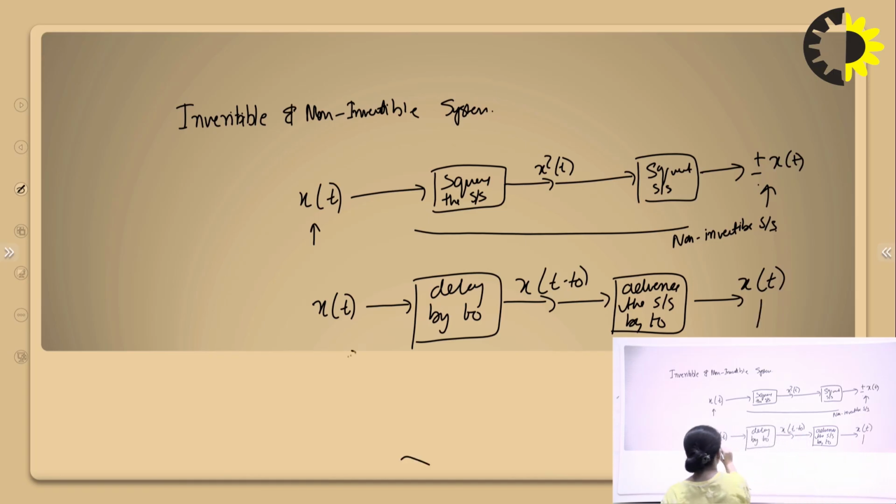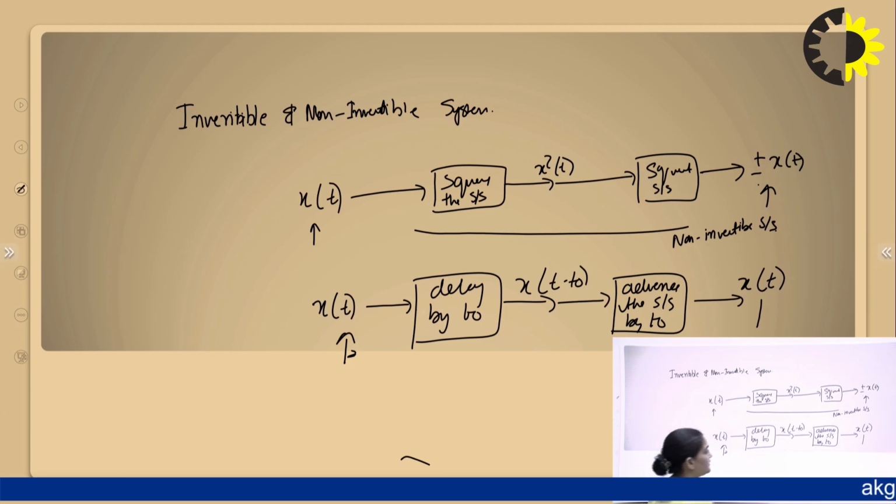So we get the original signal back here, so this is an invertible system. So this is the invertible and non-invertible system.